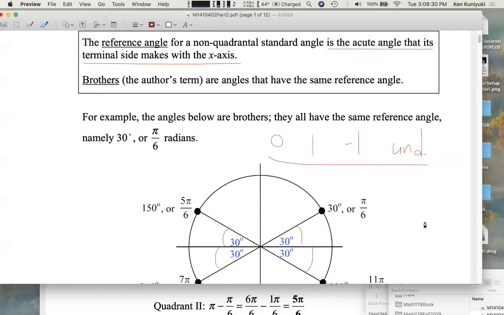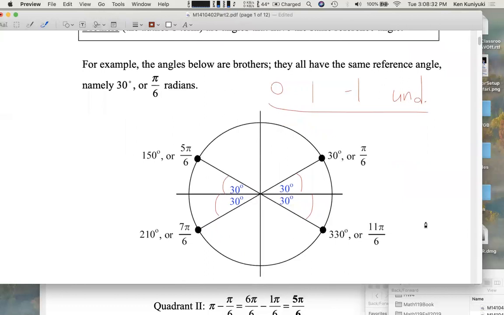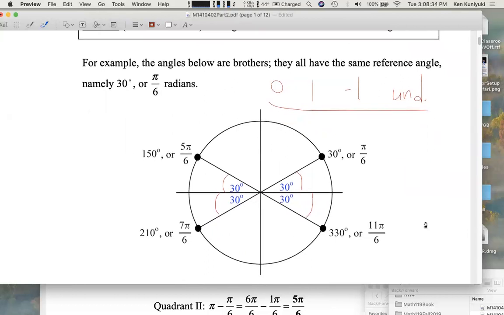Anyway, brothers are really for non-quadrantal angles, so you won't see these values. Except, no, actually tangent. You do see that tangent of 45 degrees is 1, for example. So with some exceptions for tangent, for the most part, you don't see these for non-quadrantal angles. You do sometimes see these for tangent and cotangent.